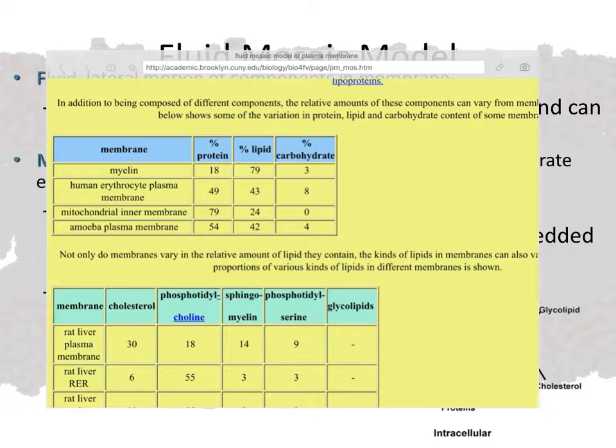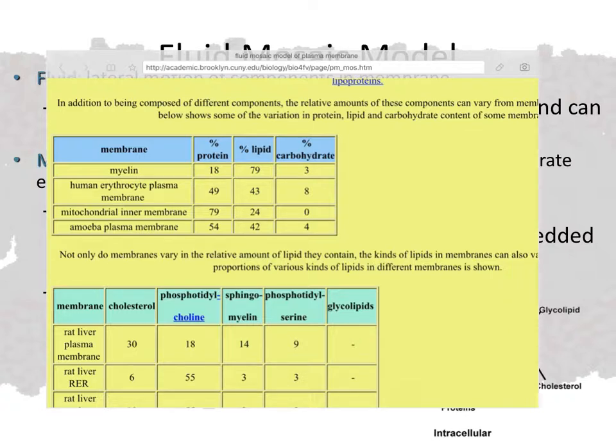We have the mitochondrial inner membrane, and these are just random examples. If we look at these three up here, which of the three has the highest protein concentration? Mitochondrial inner membrane. And it has no sugar at all on it.